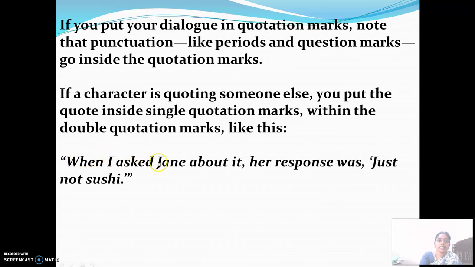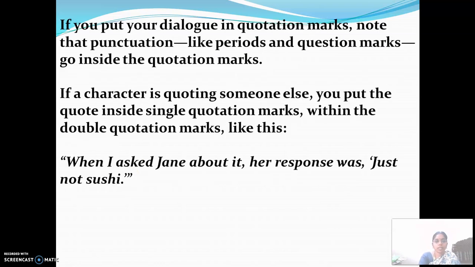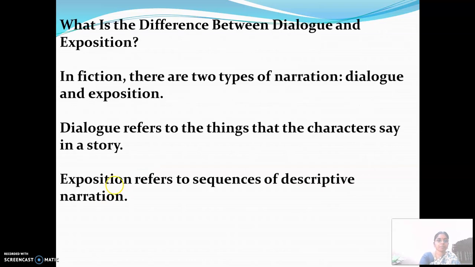"When I asked Jane about it, her response was," now here they want to quote another one. That's why they included single quotation. 'Just not sushi.' Just not sushi is within single quotes. Okay. So they completed the single quote, then they completed the double quotes. Right. Can you understand this? Right. Shall we move to the next?